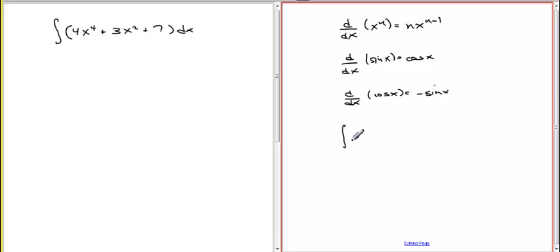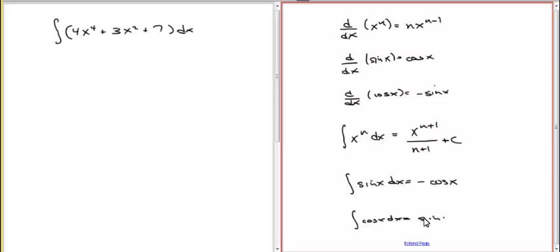And then consequently the integral results are: the integral of x to the n dx is equal to x to the n plus 1 divided by n plus 1 plus arbitrary constant c. The integral of the sine of x dx is equal to negative the cosine of x, and the integral of the cosine of x dx is the sine of x.